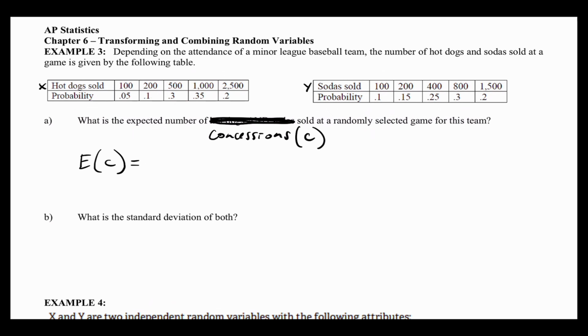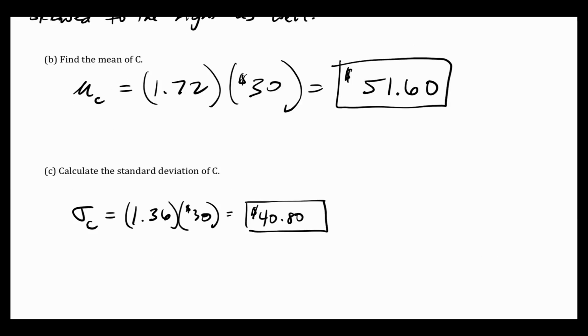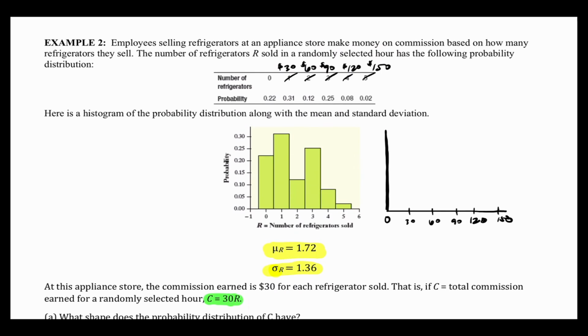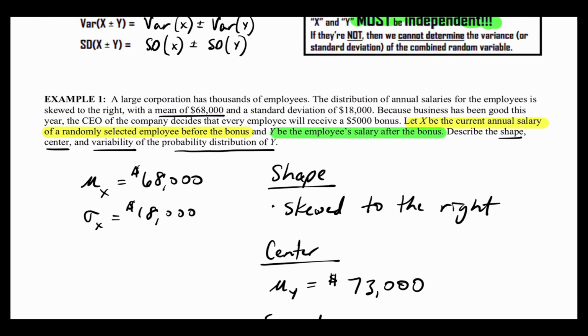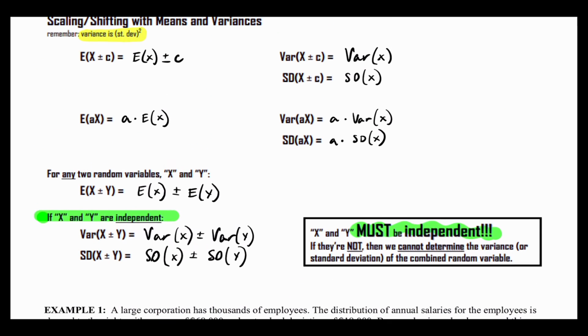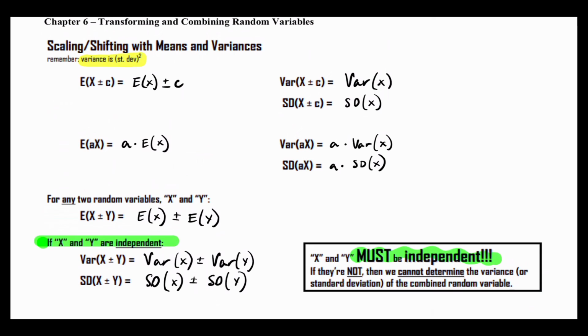Well, if I'm not sure, where can I look? So what am I going to do? I'm going to add the means together. I need this one right here. Find the mean of the first list. Find the mean of the second list. If you're combining them, then you're adding them.